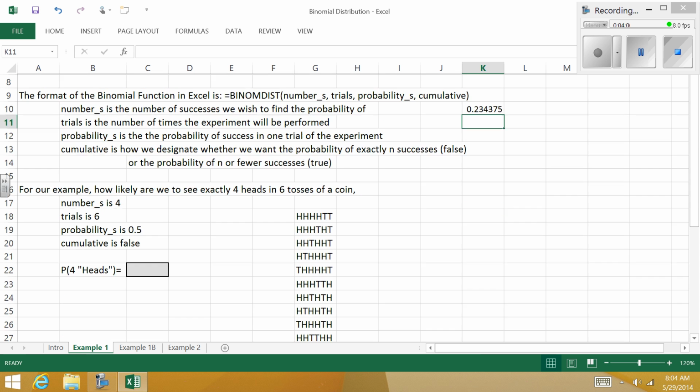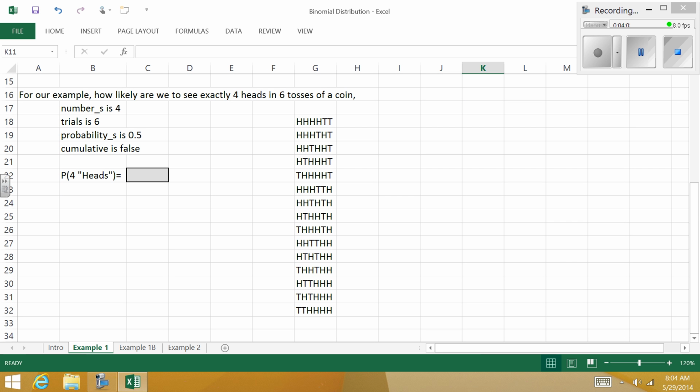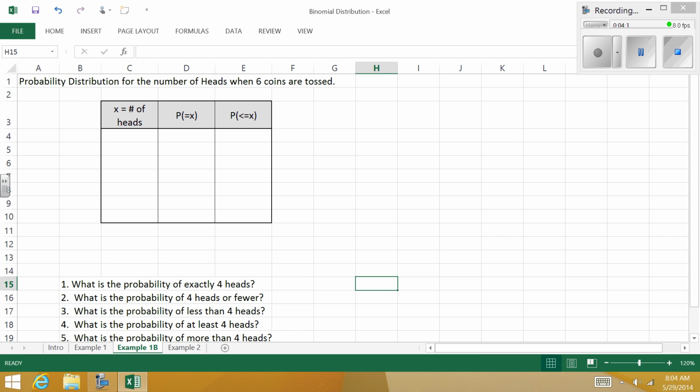And if you're interested, those are all the different ways we can get exactly 4 heads in 6 tosses of a coin. Now let's do a variation on this example. We're still tossing 6 coins, but this time we're going to find a whole probability distribution. So again, the possible outcomes, if we're flipping 6 coins, we could get as few as 0 heads, or we could get 1 head, 2, 3, 4, 5, up through 6 heads, all 6 coins coming up heads.